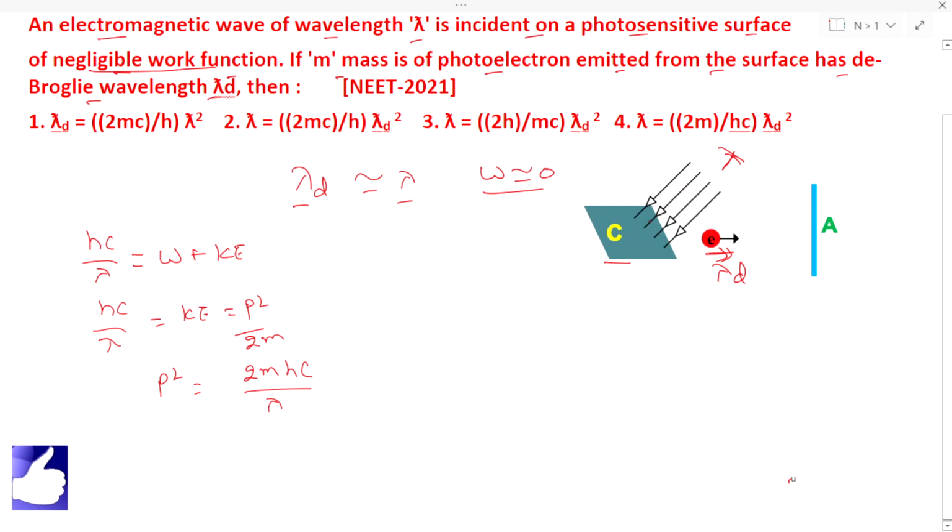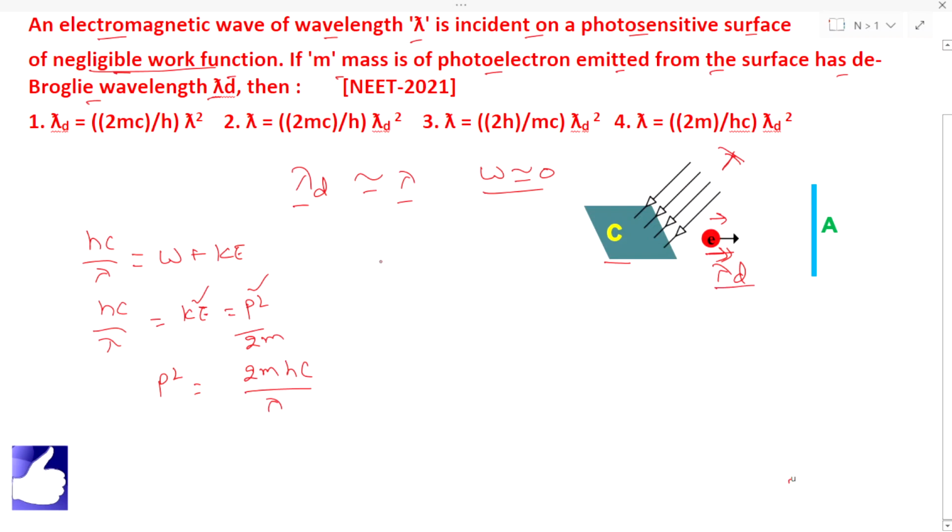Now this electron comes out with this kinetic energy and momentum. We know that associated with every material particle there exists a wave called a matter wave, and the wavelength associated with it is called the de Broglie wavelength.